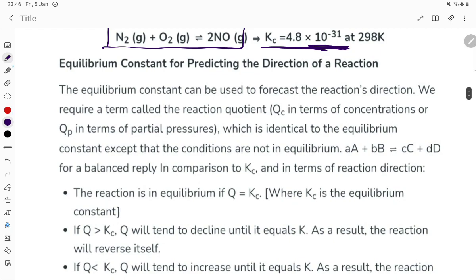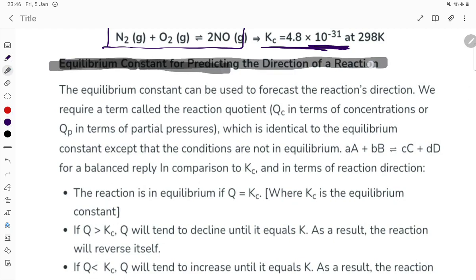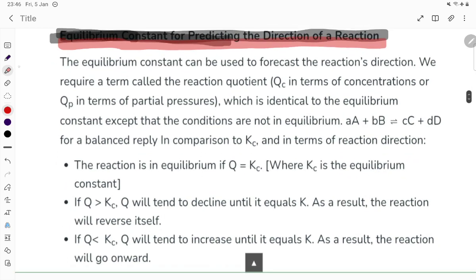Now the second heading we are going to understand is the equilibrium constant for predicting the direction of reaction, student. How can you predict the direction of reaction, whether it will go in the forward direction or reverse? The equilibrium constant can be used to forecast the reaction direction.